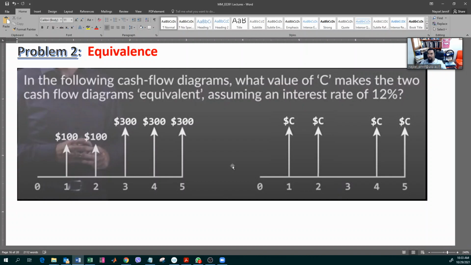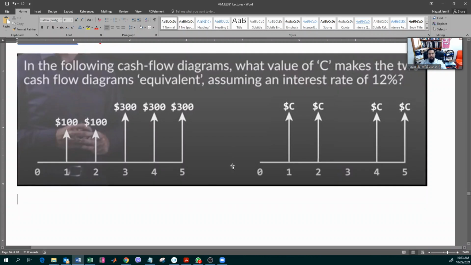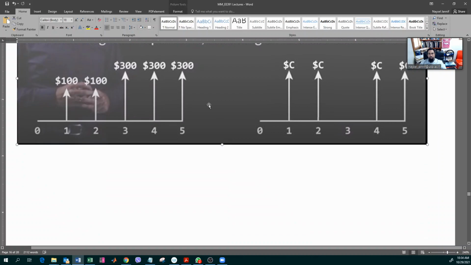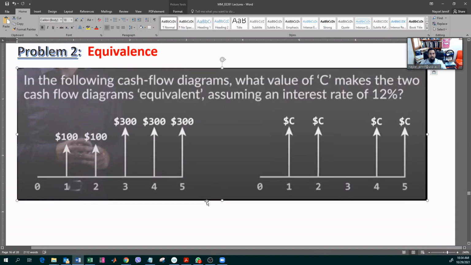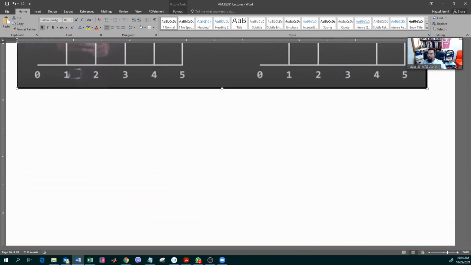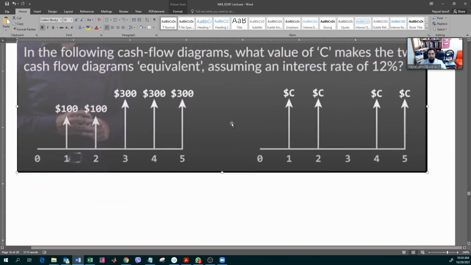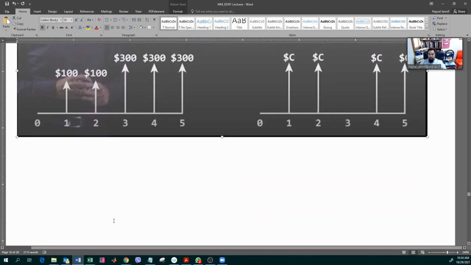All right. Now, let me annotate over here. Let me draw this on the whiteboard. So, what we have to find, guys, in essence is this. What we have to find.